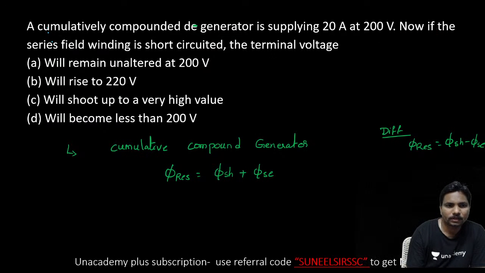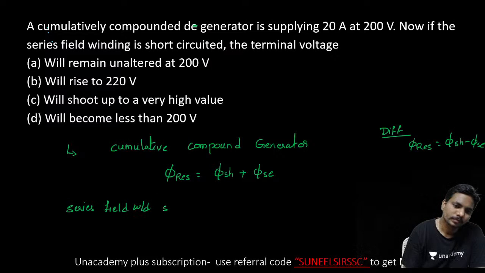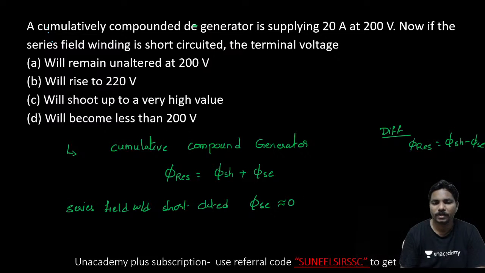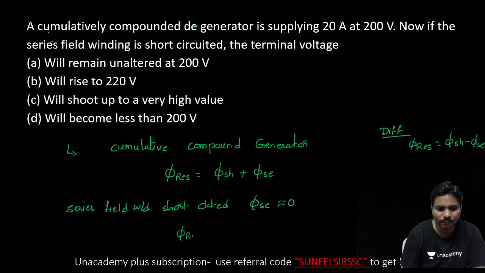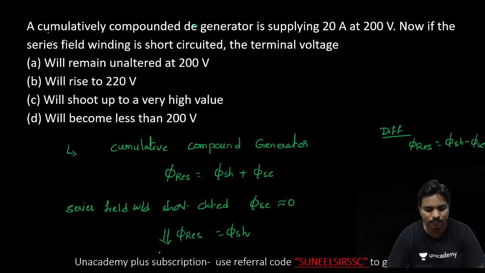What they have given: the series field winding is short circuited. Then what happened to the series flux? Almost very less. If the series flux is 0, then what is happening to the resultant flux? φsh only. That means the resultant flux reduces.